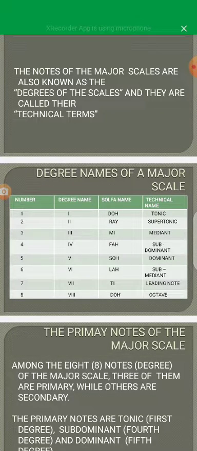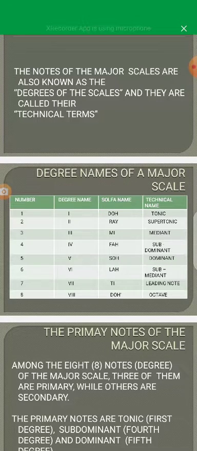So the first note, the degree name is I, which means one, while the solfa name is Do, and the technical term or the technical name is tonic. So Do is the same thing as tonic and it's the same thing as Roman figure I.